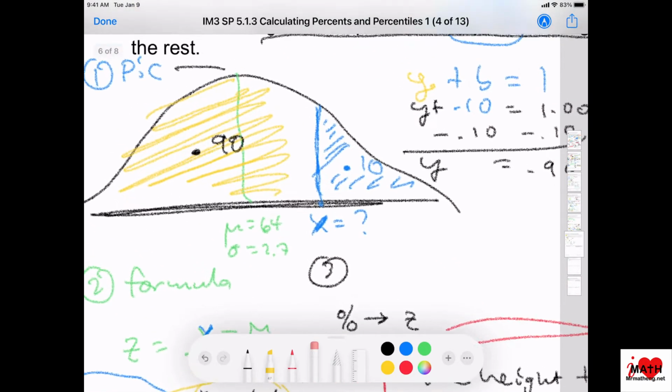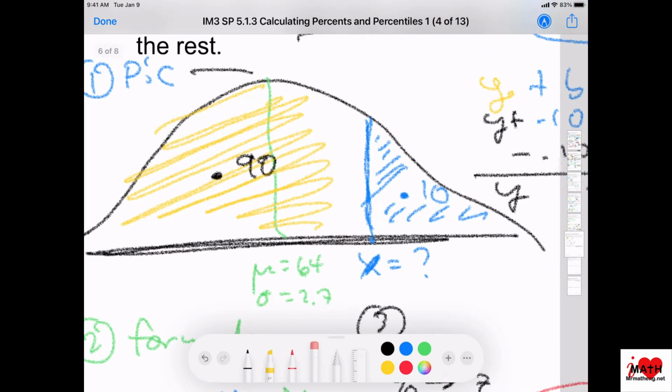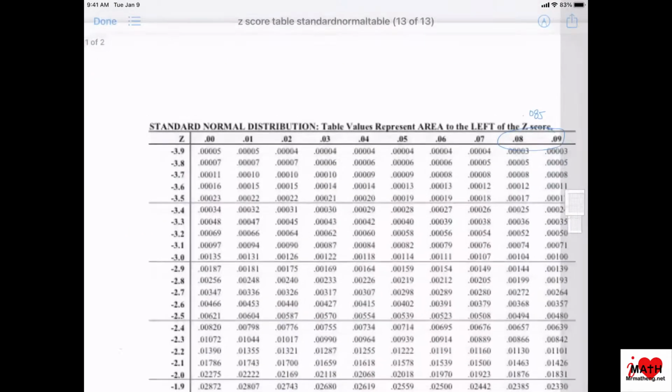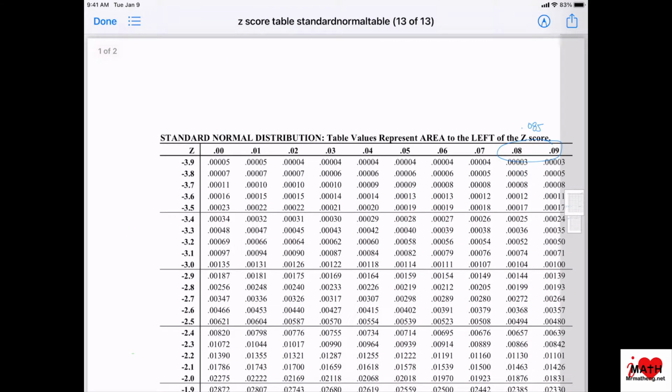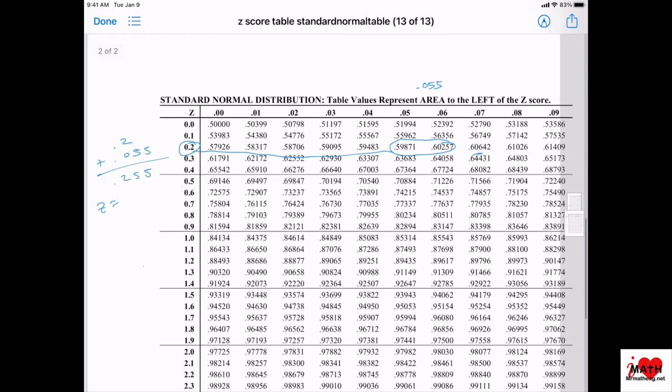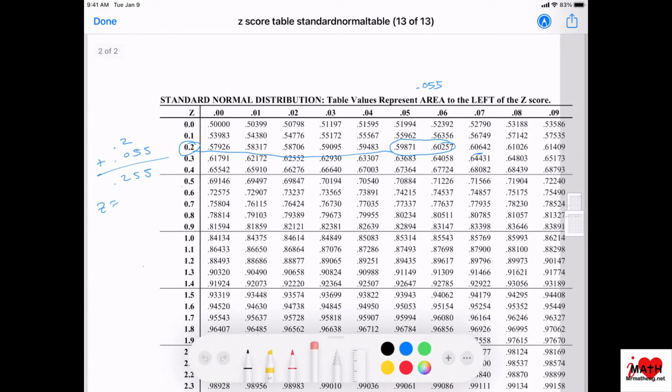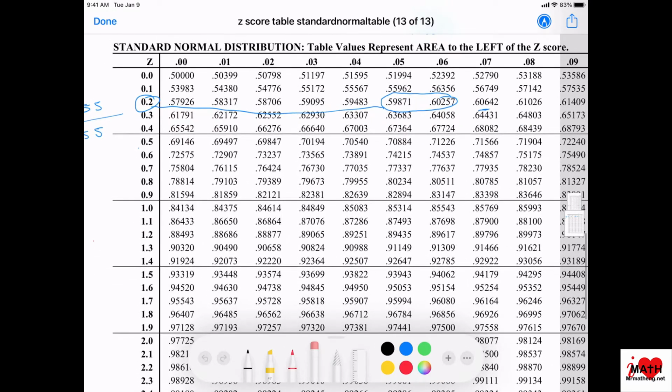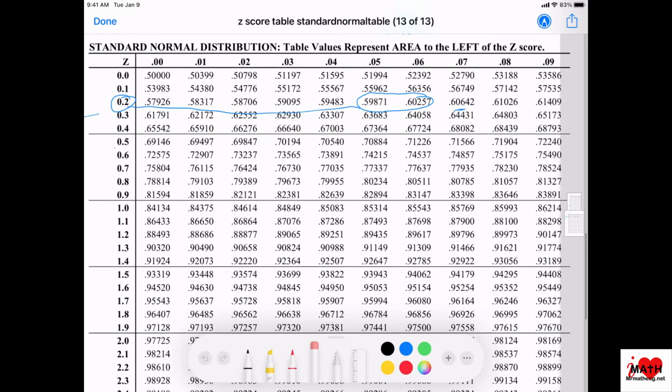Let's go ahead and look on our table for the z-score that gives us that 90%. The x value that I was trying to find is to the right of the mean. So I'm going to use a positive z-score, not a negative. Let's go ahead and find 90% on here. I think I'm pretty close. Let's see. I think it's better over here.